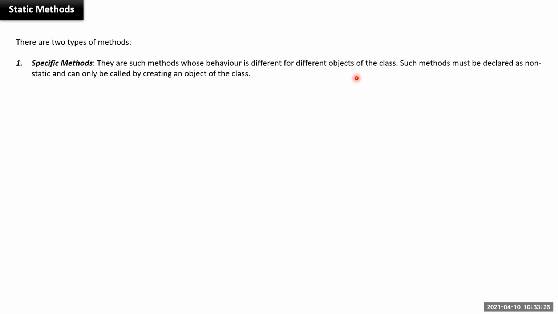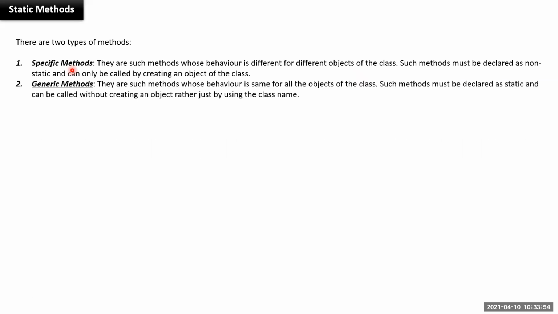Those methods are called specific methods because they're specific to each object. Such a method must be declared as a non-static method and can only be called by creating an object of the class. So these are nothing but the non-static methods. They are also called specific methods. So remember this, it's a way to trick you. Don't say, what is a specific method? I don't know. It is nothing but non-static methods.